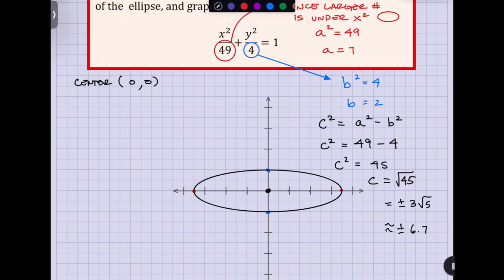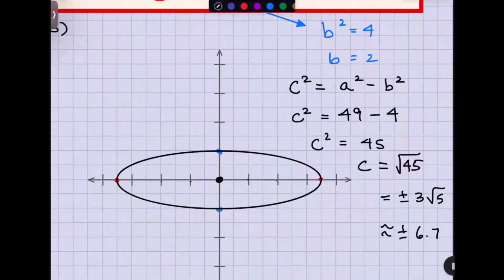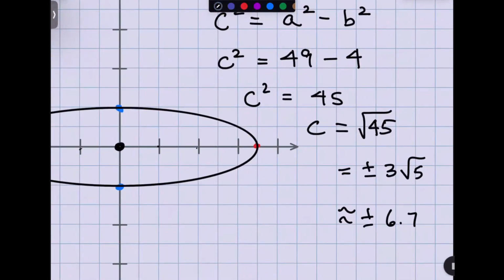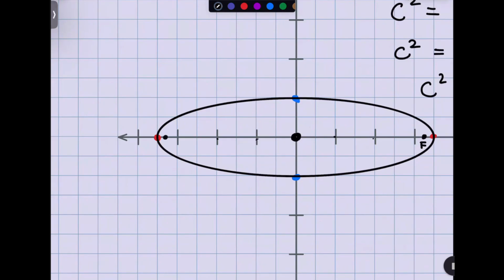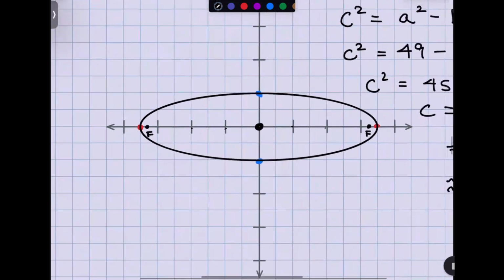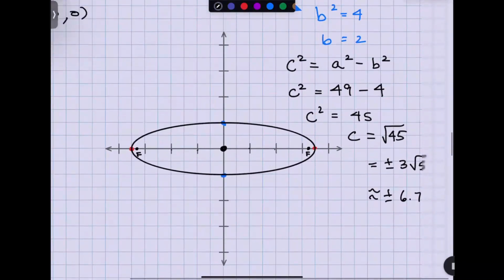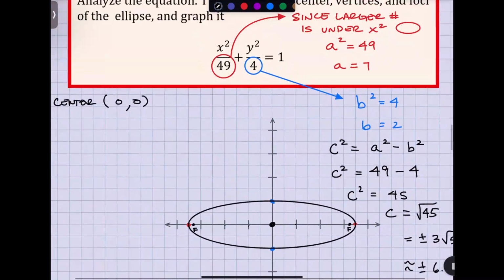But the 3 square root of 5 is for us to actually name the points, right? So 6.7 is about right here. Well, a little bit closer, but we'll just call it there. And negative 6.7. So let's go ahead and name them. So we know the center is at 0, 0.